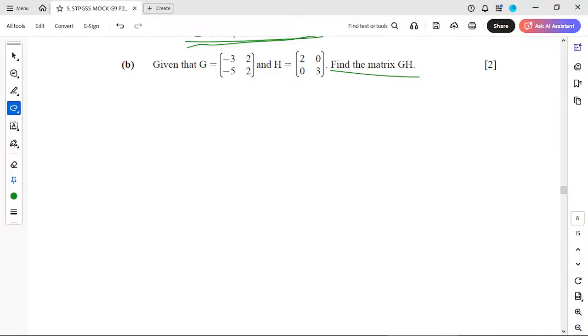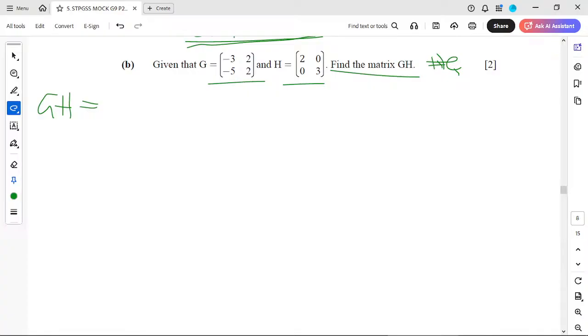So what we need to do first is write the expression that is given in the question, which is GH. Now the other mistake I see with students is that they swap. It's good that here the expression given and the way the matrices are named are in that order. But if we were asked to find HG, I've seen students who just copy the matrices without considering the names of the matrices.